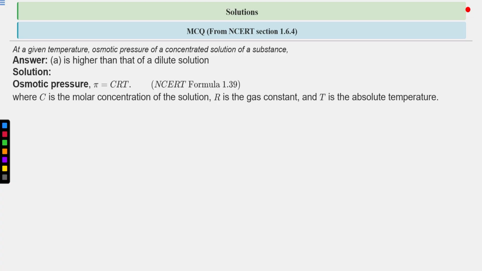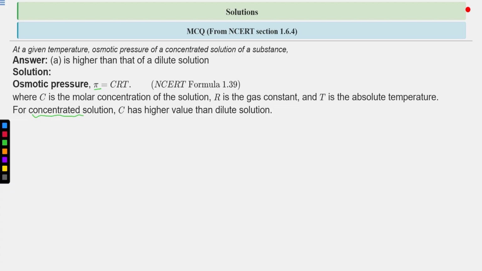Now here C is the molar concentration of the solution, R is the gas constant, and T is the absolute temperature. And pi, I already said, is the osmotic pressure. Now for a concentrated solution, the C, which is defined as molar concentration, will be higher.